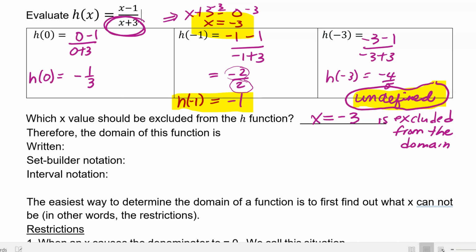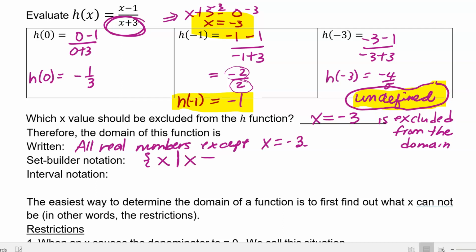So therefore the domain of this function is all real numbers except x equals negative 3. The way you write that in set builder notation is the braces, x, this vertical line here, which means such that, x cannot equal negative 3.